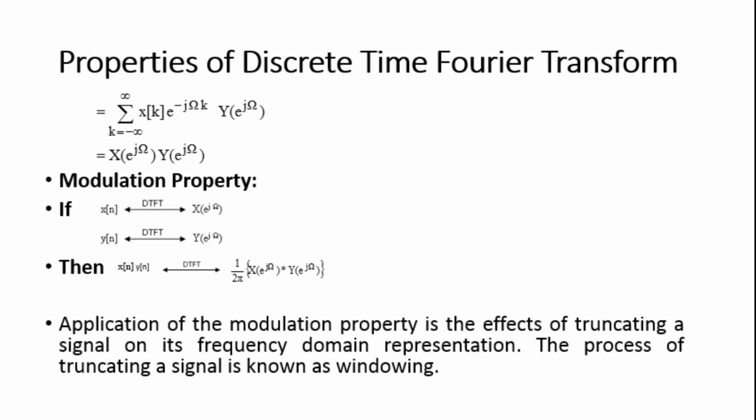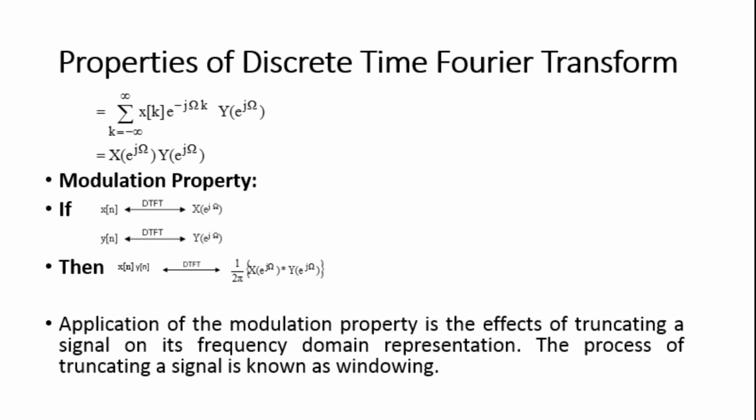Next property is the modulation property. If the DTFT of x of n is X of e power j ohm and the DTFT of y of n is Y of e power j ohm, then the DTFT of x of n into y of n is equal to 1 divided by 2 pi X of e power j ohm star Y of e power j ohm.